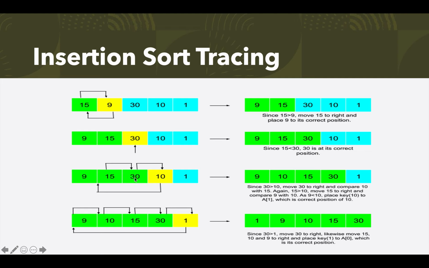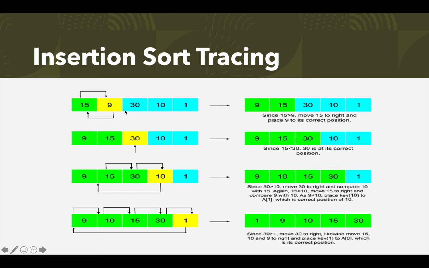Then the inner loop is executed, which will shift a of j, that is 30, to a of j plus 1. So 30 is shifted to the 10's place, and 15 is shifted to 30's place, and then you find the room for inserting 10. So 10 is inserted here, okay.